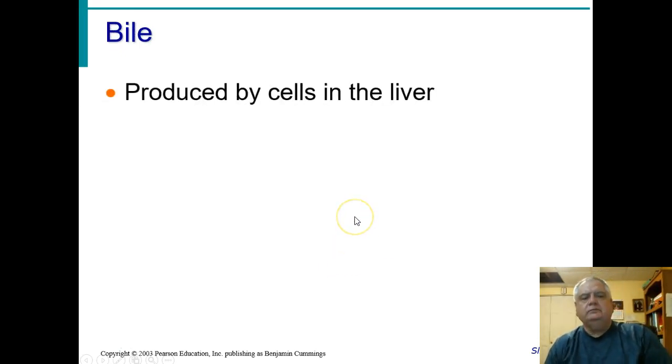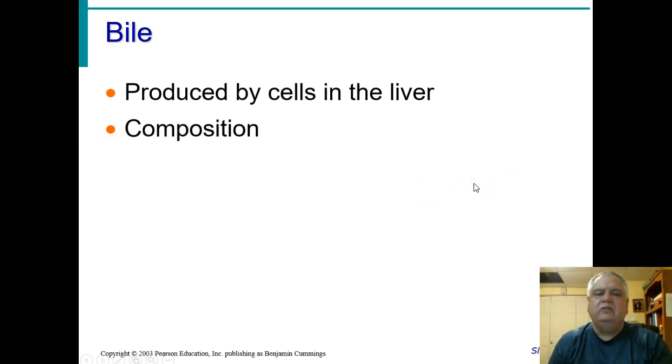I'll look at bile. So we know that the gallbladder stores bile, but actually bile is not produced by the gallbladder. It only stores excess bile. Bile is actually produced by cells in the liver. And bile contains bile salts.